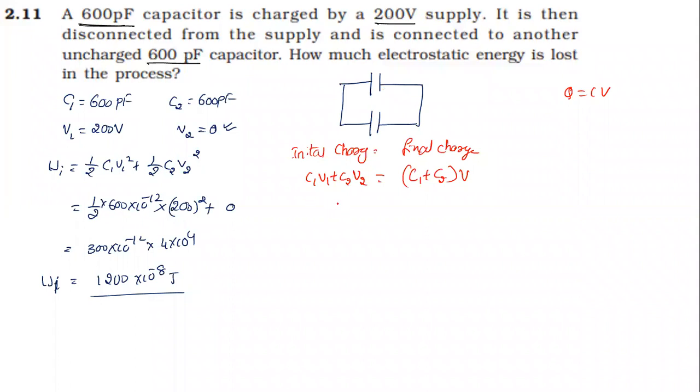So common potential V equals C1 V1 plus C2 V2 divided by C1 plus C2. Using this formula, I need to find the common potential between them. C1 is 600.